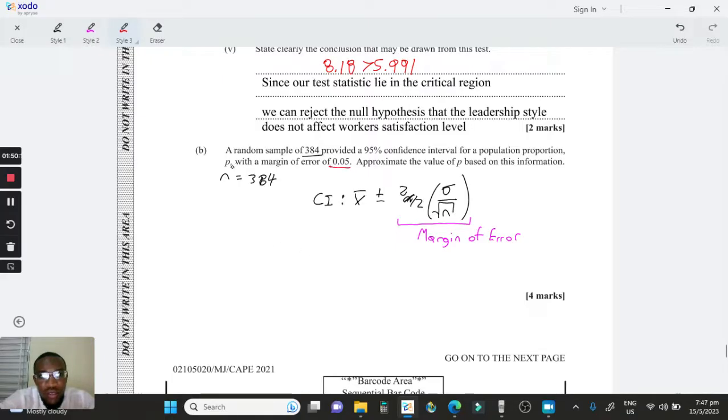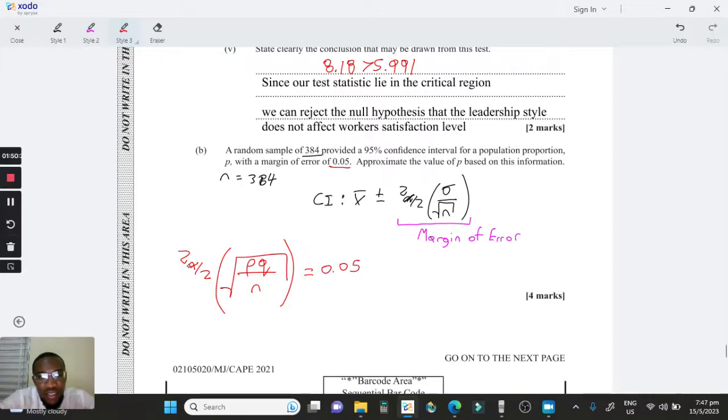But this is also a proportion question. So the margin of error for a proportion question is Z alpha over 2 in brackets times the square root of PQ over n, and that is 0.05.